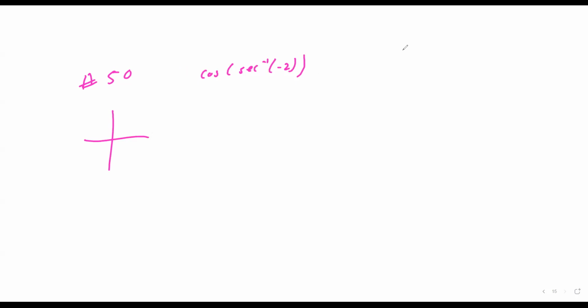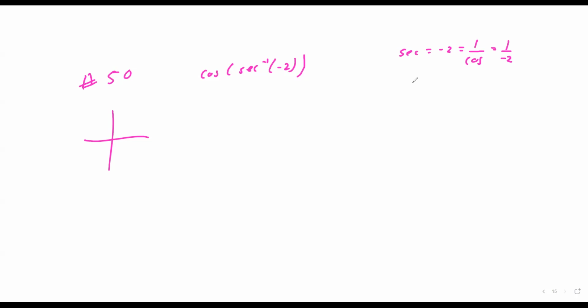So if you don't remember, we can kind of go through here. Secant equals -2, which would be the same thing as 1 over cosine. So in this case, that's 1 over -2. So that would be the same thing as asking, what is cosine of -1/2?